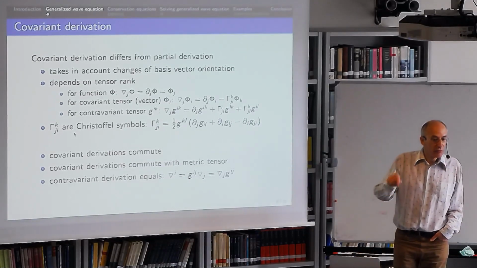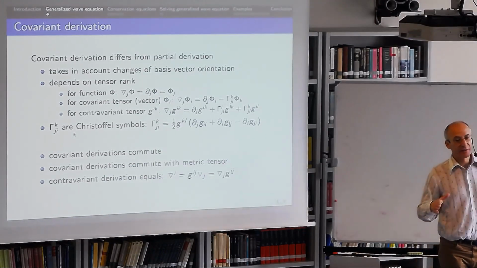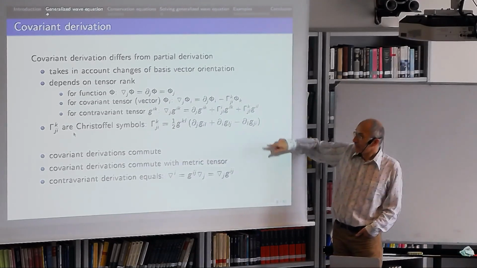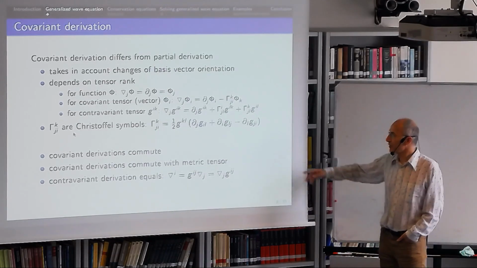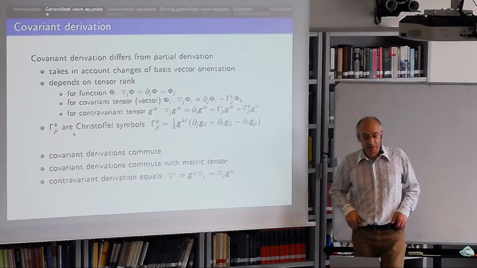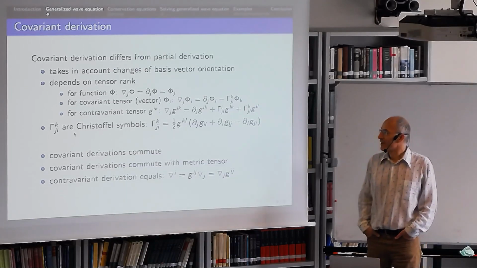It means that when you move from one position in space-time to another, the basis vectors do not have the same orientation. So you have to take into account the fact that they will rotate, so they will have coordinates in the other direction. And this is measured by the Christoffel symbols. I won't go into details on how the Christoffel symbols measure this rotation.